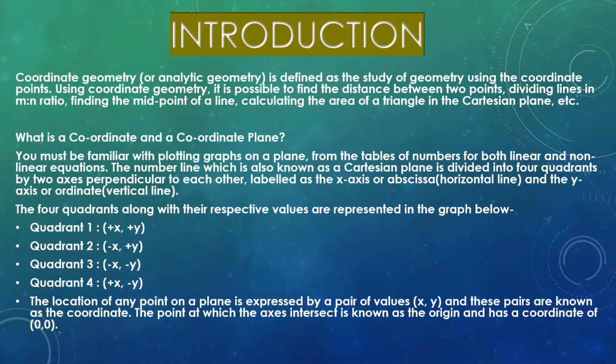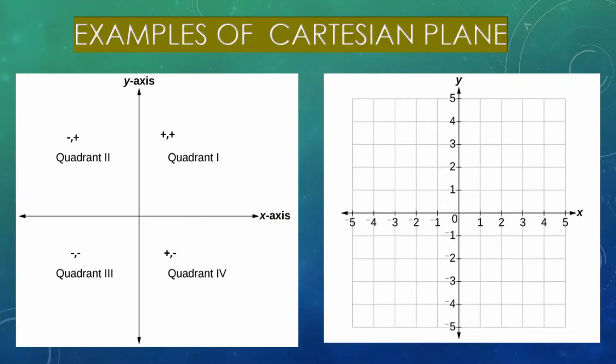The point at which the axes intersect is known as the origin and has a coordinate of (0, 0). So here are some examples of Cartesian plane, as you can see.